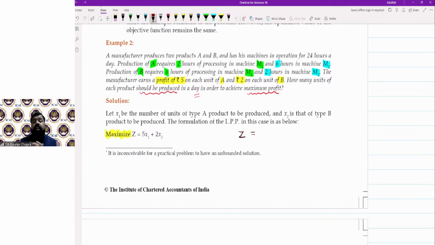And what do we have to find? The number of units. How many units shall we produce for A and B?